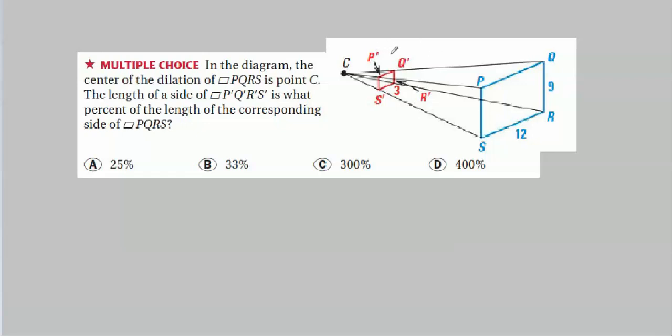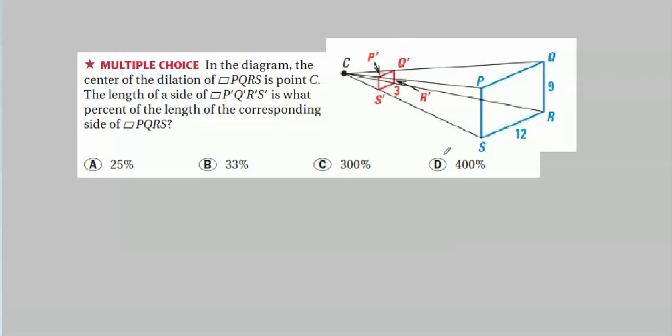In other words, P, Q, R, S under the transformation gives P prime, Q prime, R prime, S prime. In other words, we're going from this larger rectangle to the smaller one.